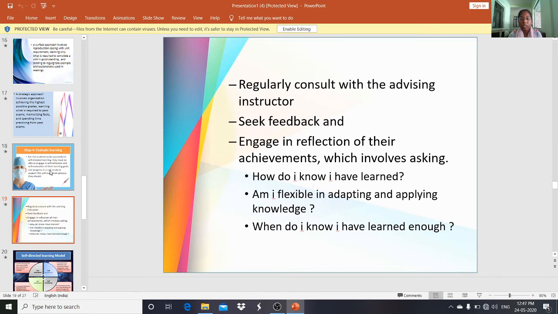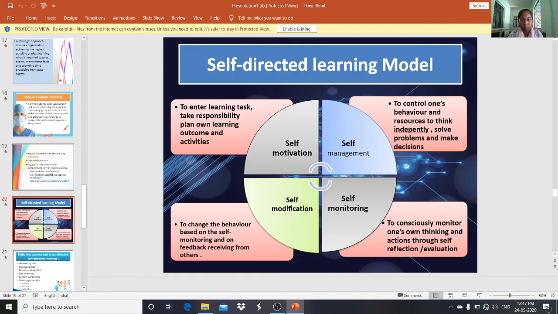Am I flexible in adapting and applying the knowledge? When do I know I have learned enough? These are all the steps of the self-directed learning process.